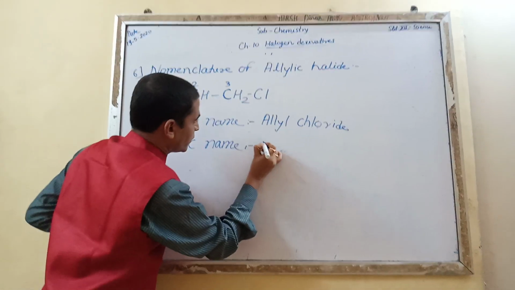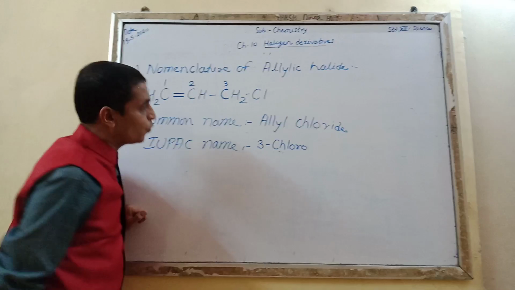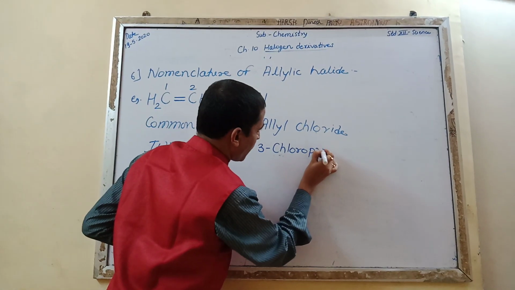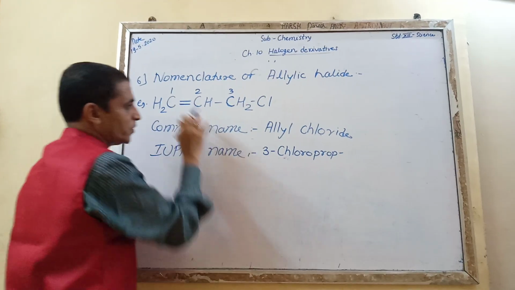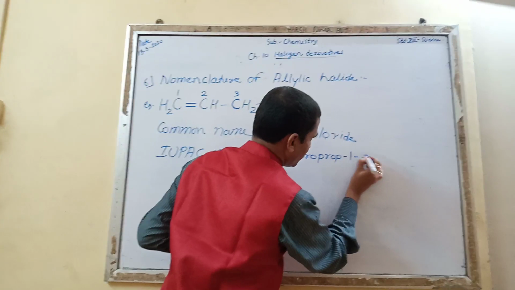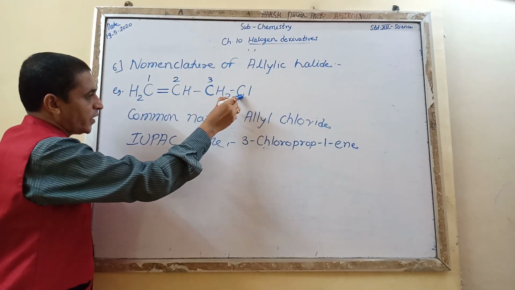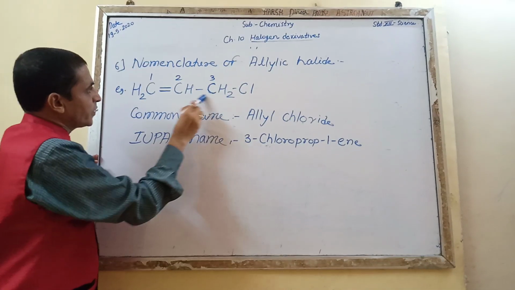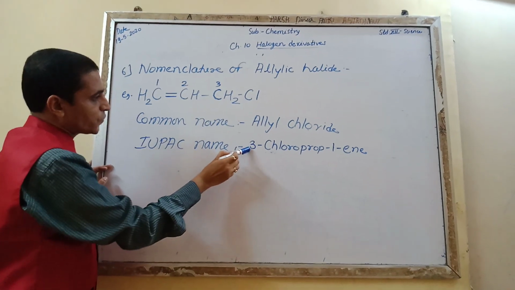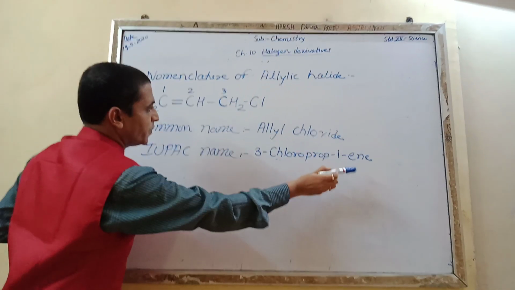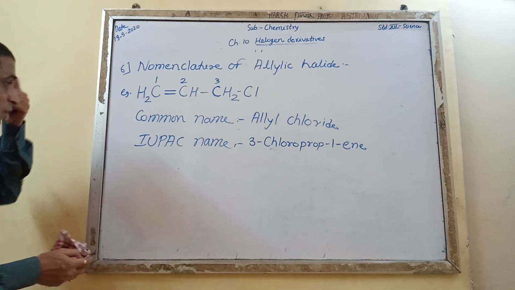So here you get 3-chloroprop, and here after the first carbon atom the double bond is there, so you get prop-1-ene. See, to the third carbon atom chlorine is attached, and there are 3 carbon atoms in the parent chain, and it is what? Alkene. So you get 3-chloroprop-1-ene. I hope you understood this concept.